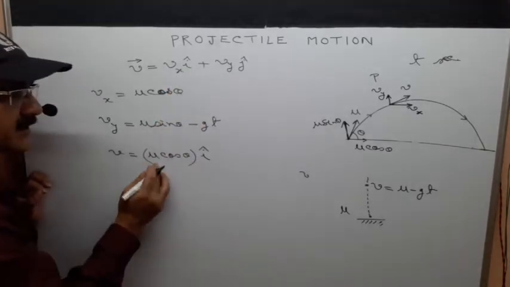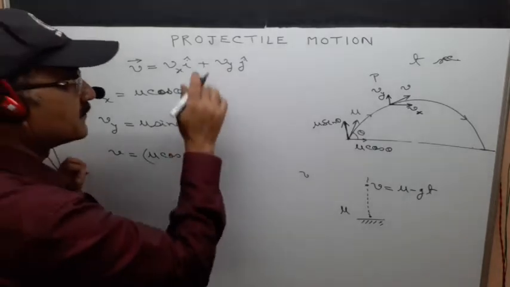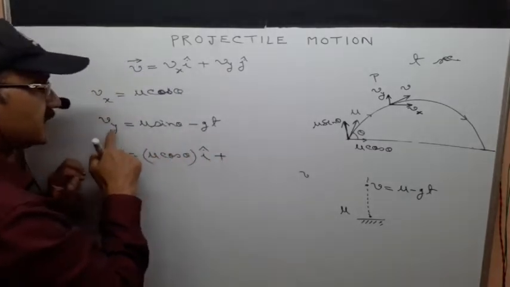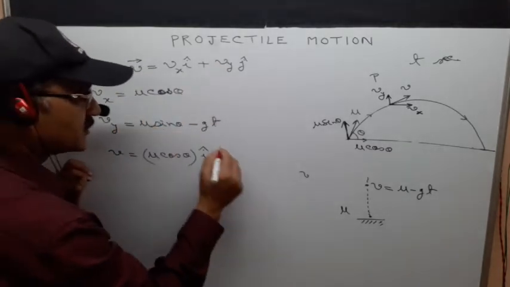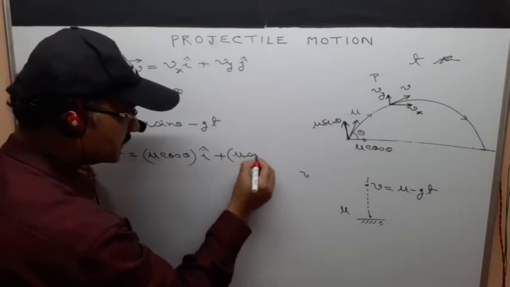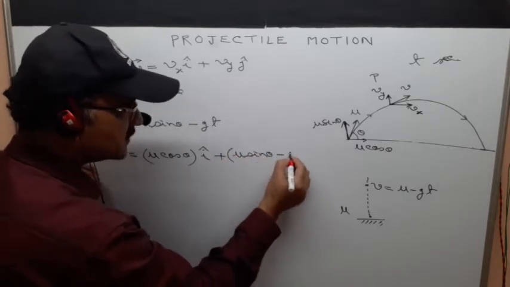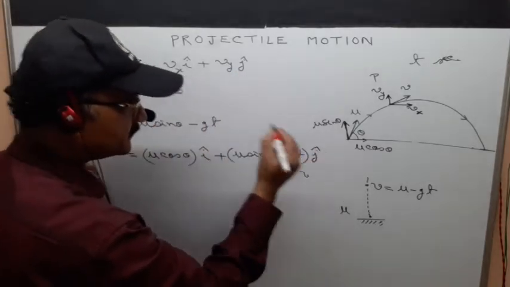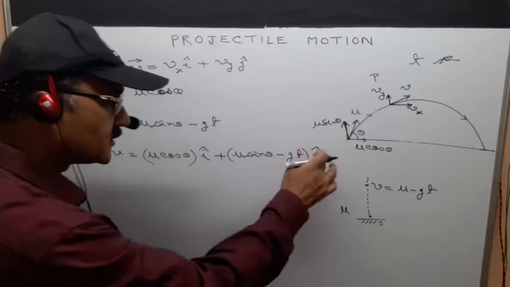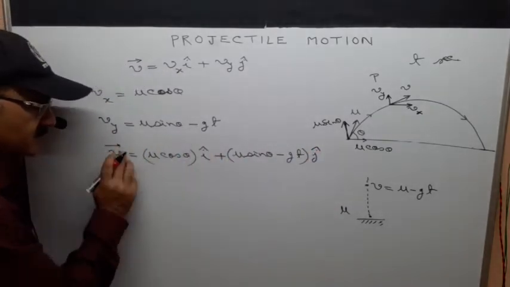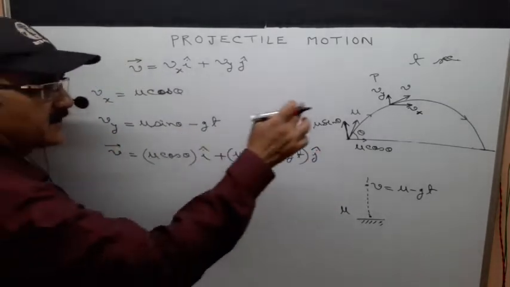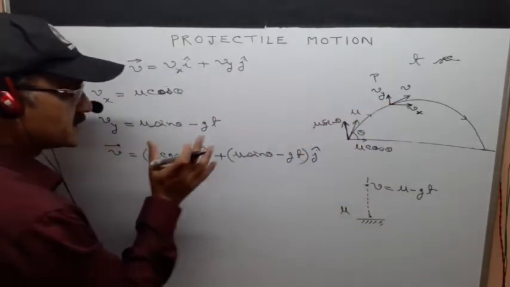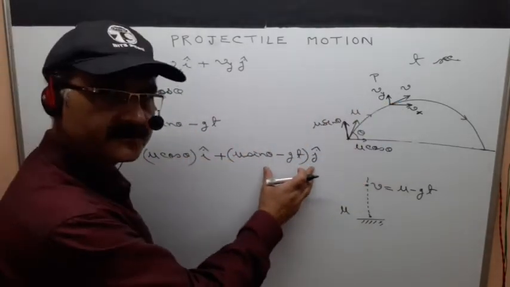I am putting a bracket to make it clearer, plus Vy is u sine theta minus gt j cap. So this is in vector form. So velocity v at this point P is given by this equation.